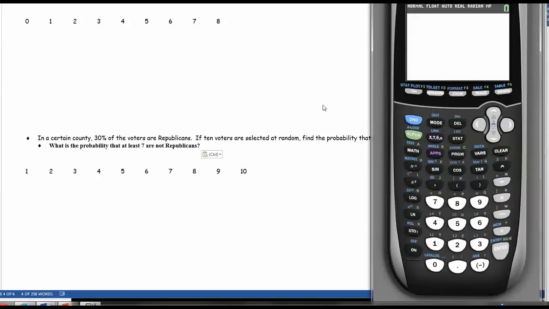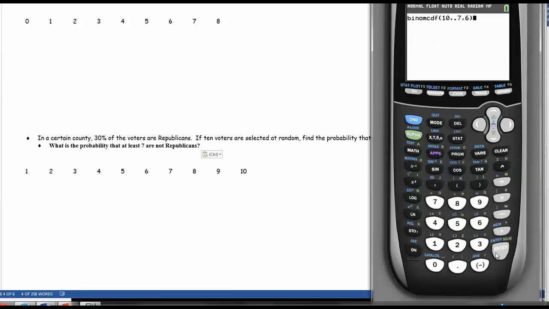Let me go back to our binomial CDF. Because they are switching our success from Republican to not Republican, that switches to 0.7. I want up till 6, so that part's going to stay the same. But remember, this is up till 6.